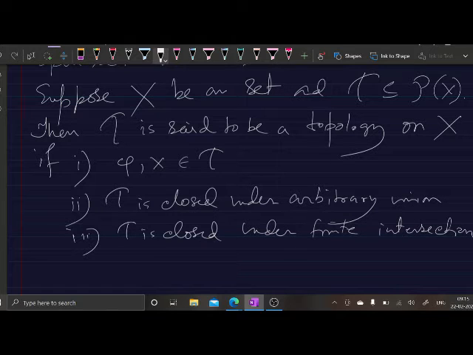Okay. So if you take any tau from this power set, then it is said to be a topology on X if these three axioms hold.